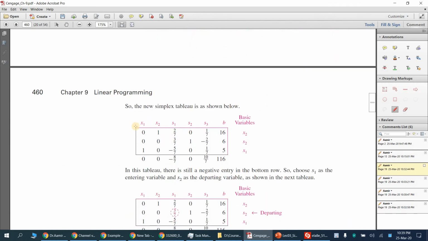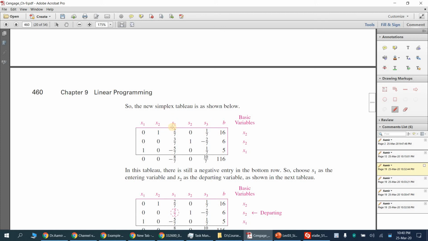And now if you come to the tableau, the values you see over here, you have got x1, x2, they are basic variables, and s2 is also a basic variable, whereas s1 and s3 they are non-basic.